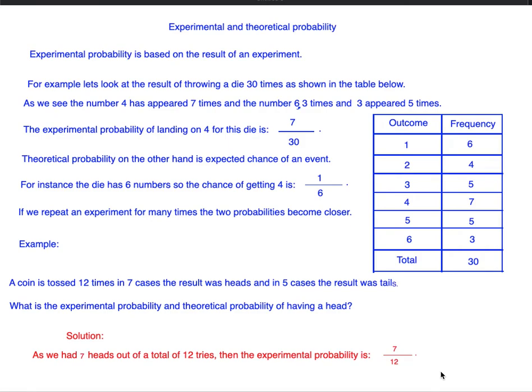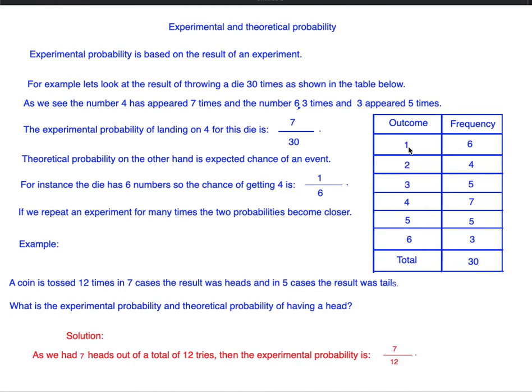Let's have a look at an example. Imagine you have a die and you throw it 30 times. So you throw a die 30 times and you record your results in a table like that.